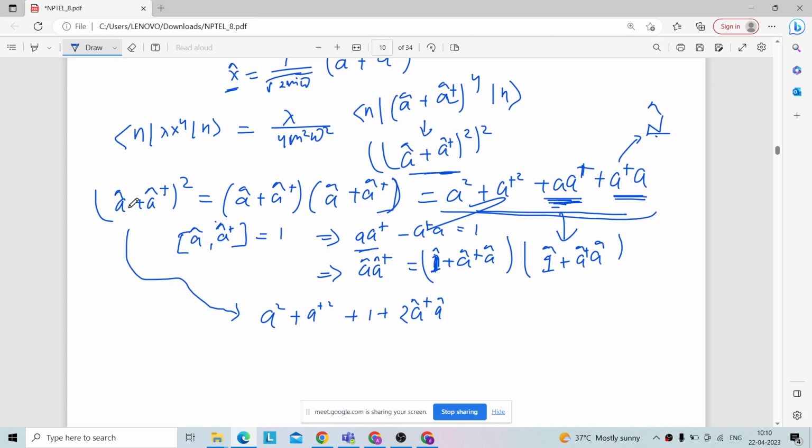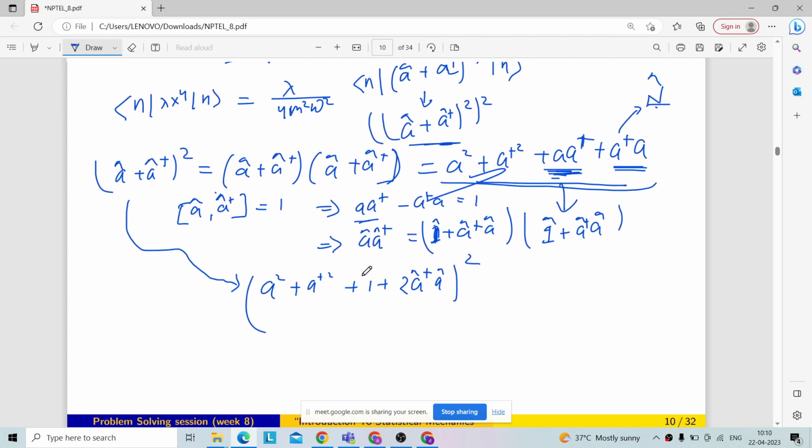Now this I took as (a + a†) squared. I have (a + a†) to the power 4, so I have to take the square again. Now if I do the square, then I will get some terms like a to the power 4, a† to the power 4.